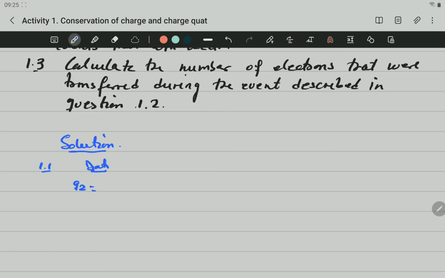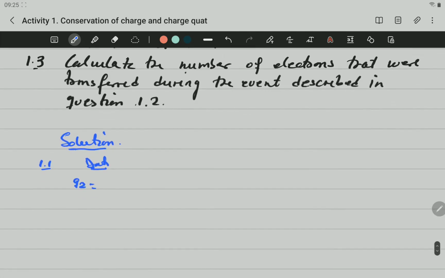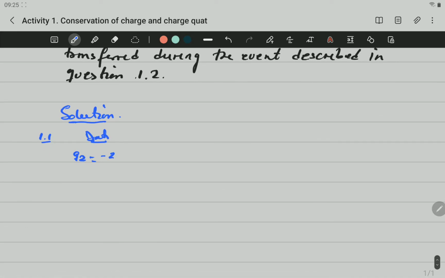Q2 is equal to negative 2 times 10 to the minus 9 coulomb. We need the charge of one electron, or the elementary charge, which is equal to negative 1.6 times 10 to the minus 19 coulomb.